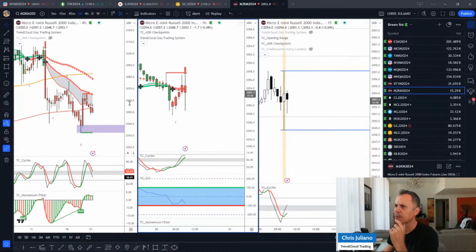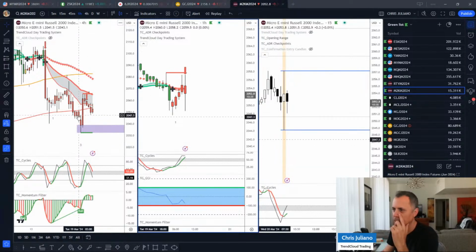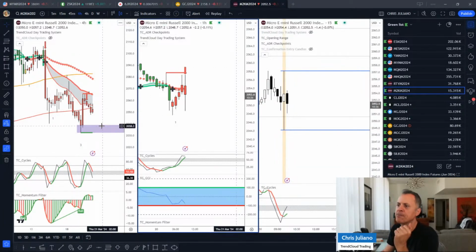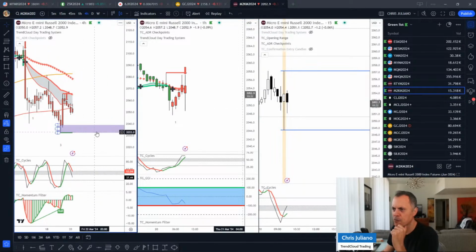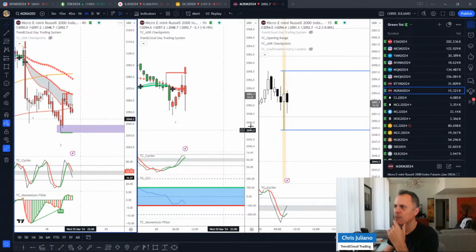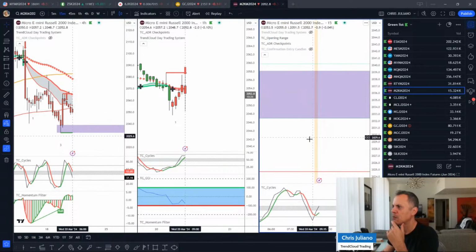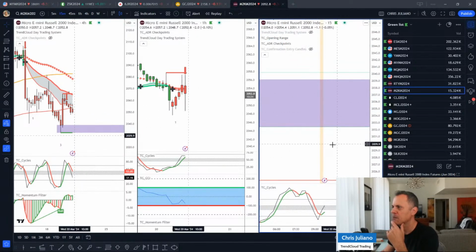Being that we're in a downtrend, if that breaks below this area, then we can start looking for shorts. But if it comes down into here and we get a reaction off of it, this could be the first area of trend reversal.